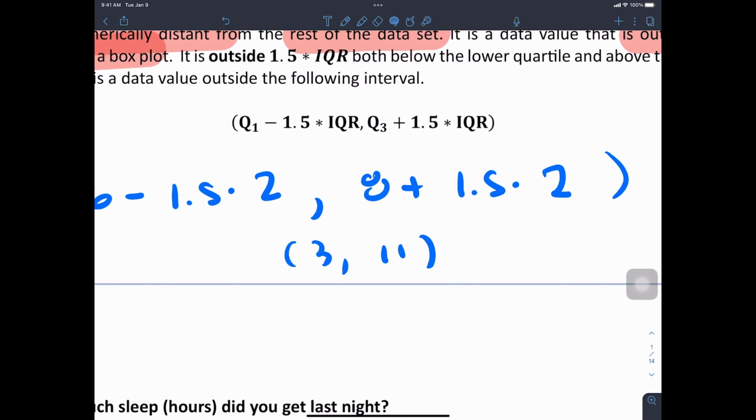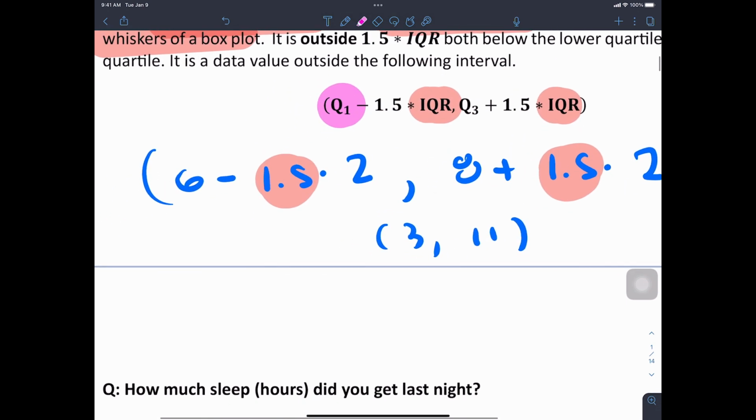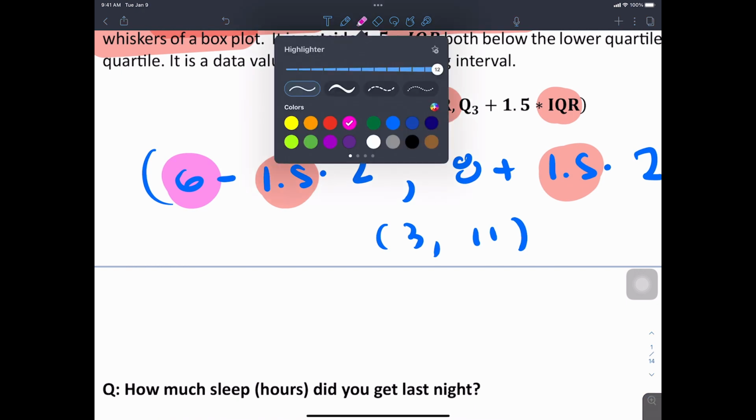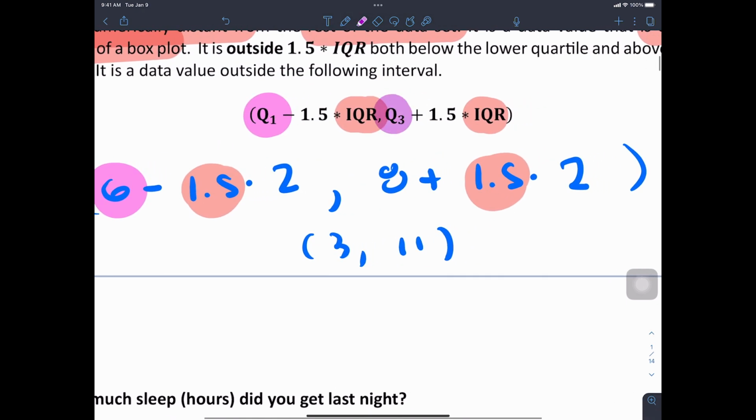So you need the interquartile range and what number? In this example, 1.5. If we color coordinate this a little differently, maybe Q1 is in pink. That's 6. And then purple maybe, Q3 is 8.